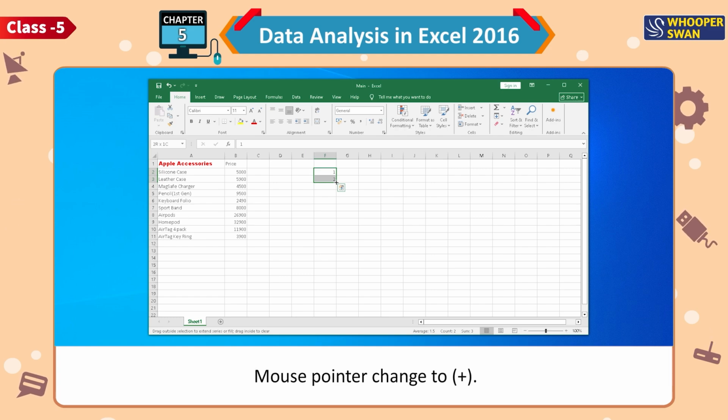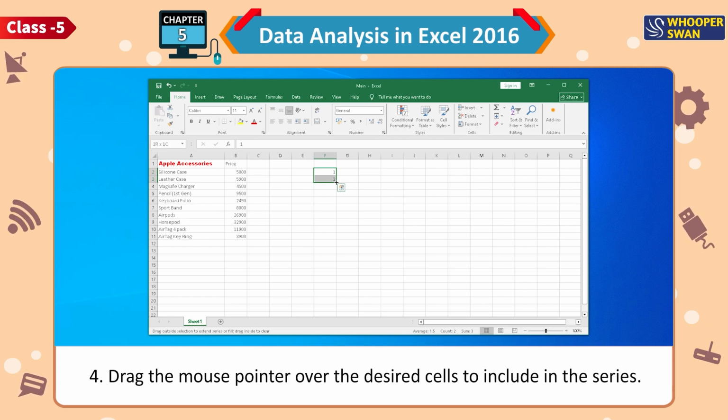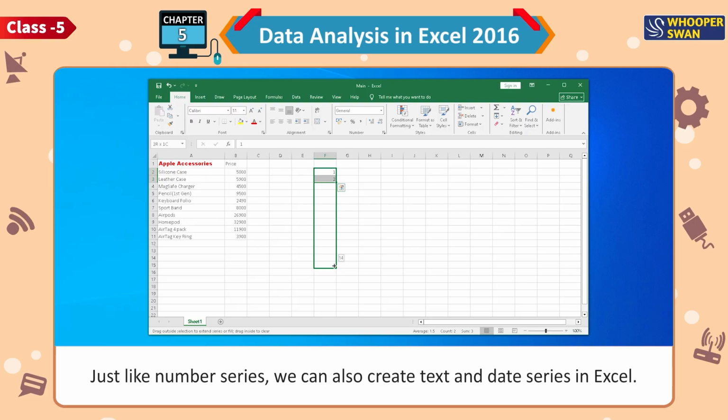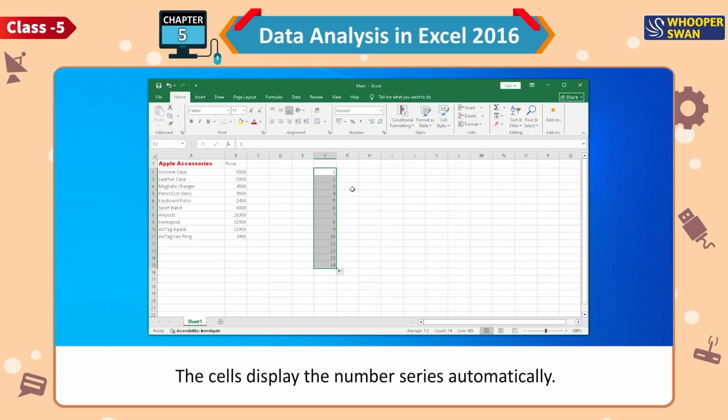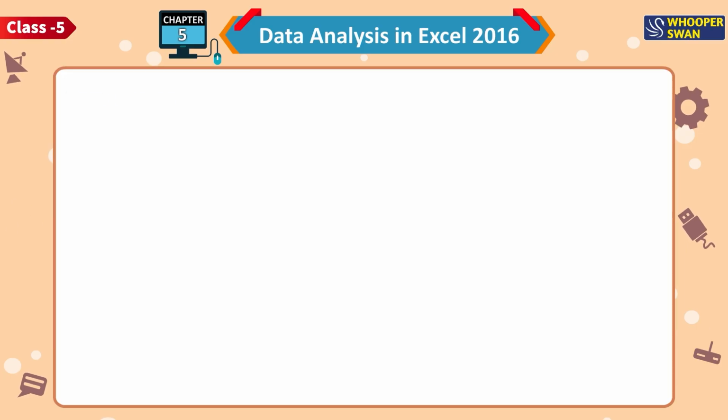The mouse pointer changes to a plus. Step 4. Drag the mouse pointer over the desired cells to include in the series. Just like number series, we can also create text and date series in Excel. The cells display the number series automatically.